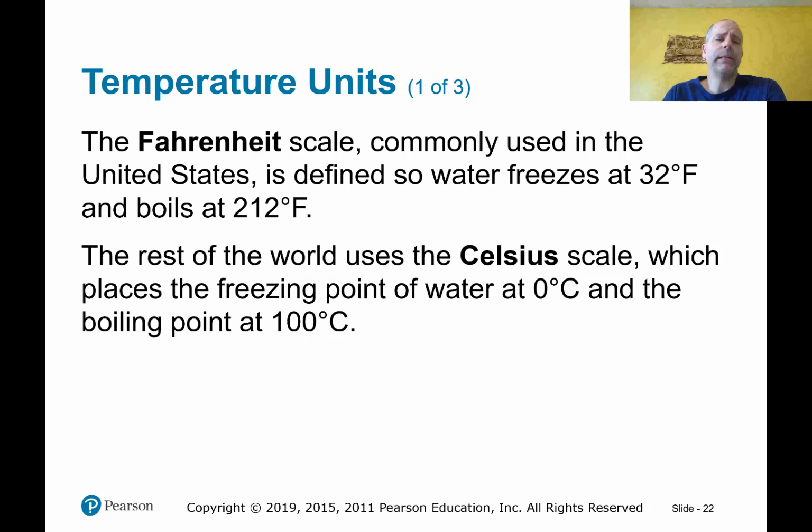All right, now let's look at temperature units. We're going to talk about three temperature units. We'll start with Fahrenheit and Celsius. Fahrenheit is part of the English system. It's used in the United States. It defines the freezing point of water as 32 degrees Fahrenheit and the boiling point of water as 212 degrees Fahrenheit.